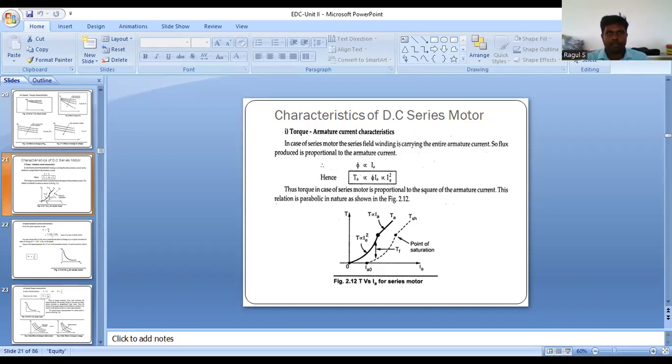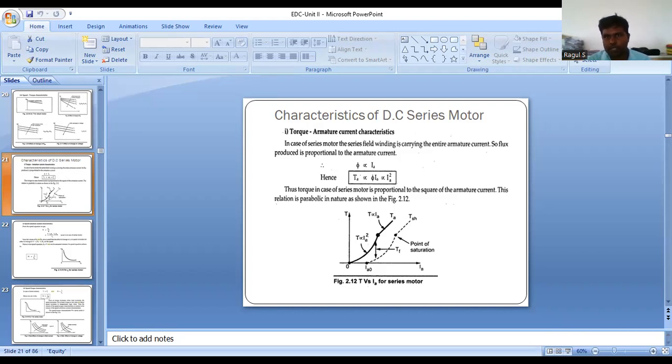So finally, we can conclude the relationship between speed and torque characteristics. The torque is directly proportional to the square of armature current, and the speed is inversely proportional to armature current. So we can write that speed is inversely proportional to the square root of torque, because the torque increase depends upon the load.